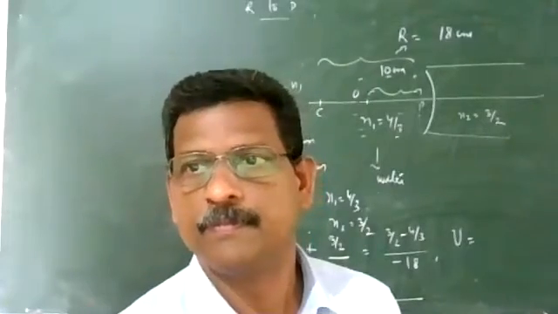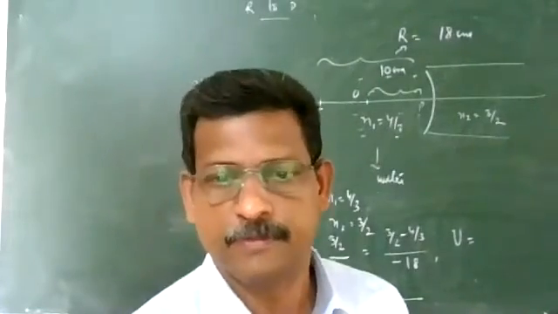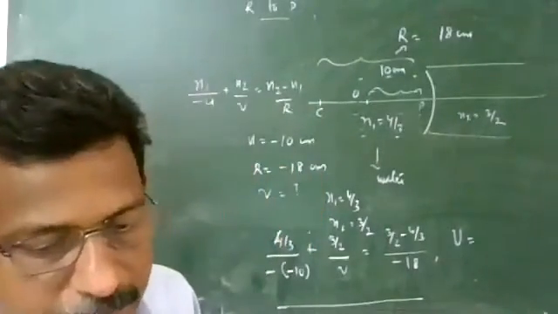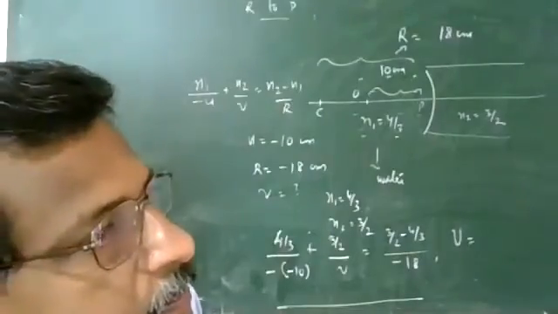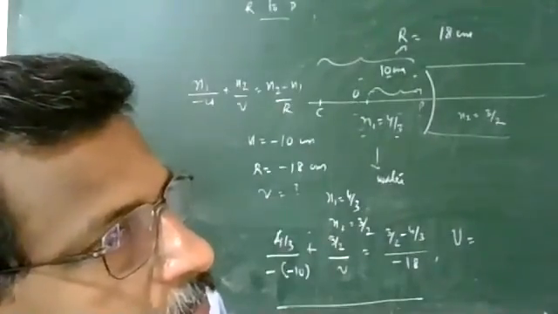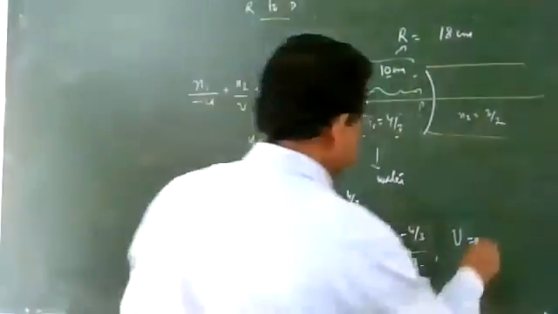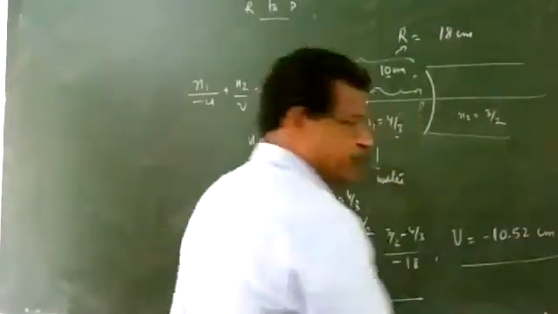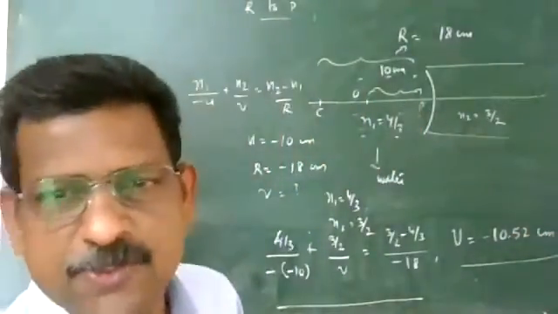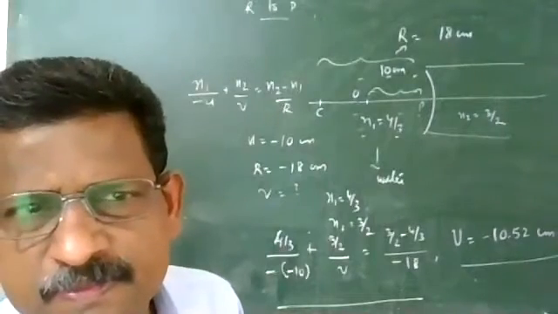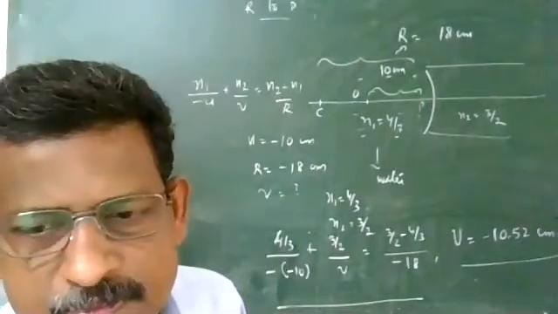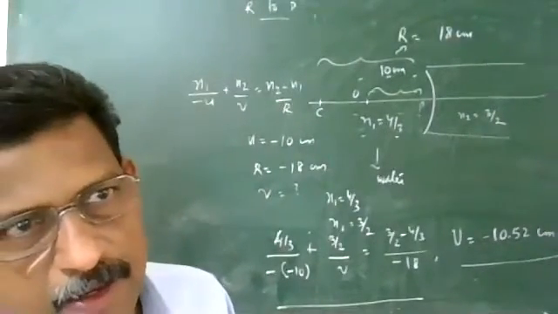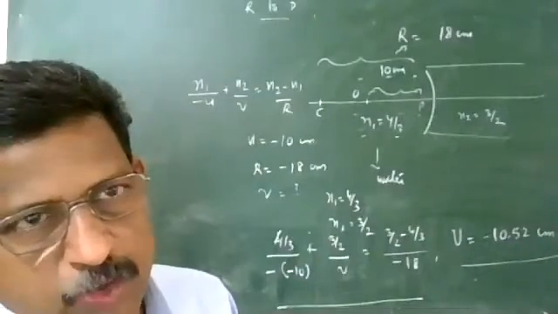Okay. What is the value? Sir, minus 10.52. Minus 10.52 centimeter. So whether it is a real image or virtual image: real images are always on the right side.